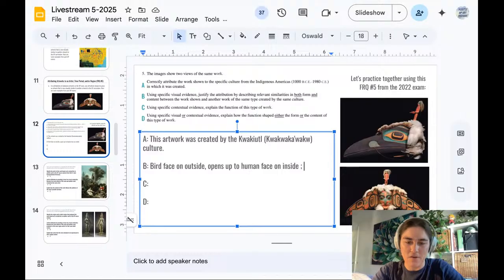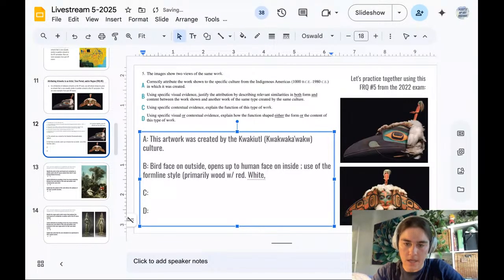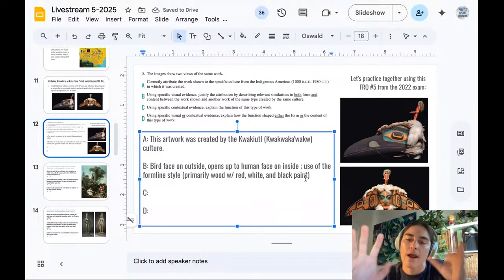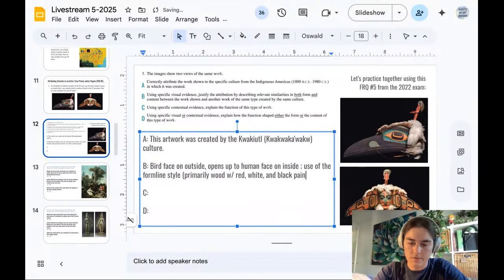So we also have the use of the formline style. And that is going to utilize primarily wood with red, white, and black paint, and these rounded organic shapes.